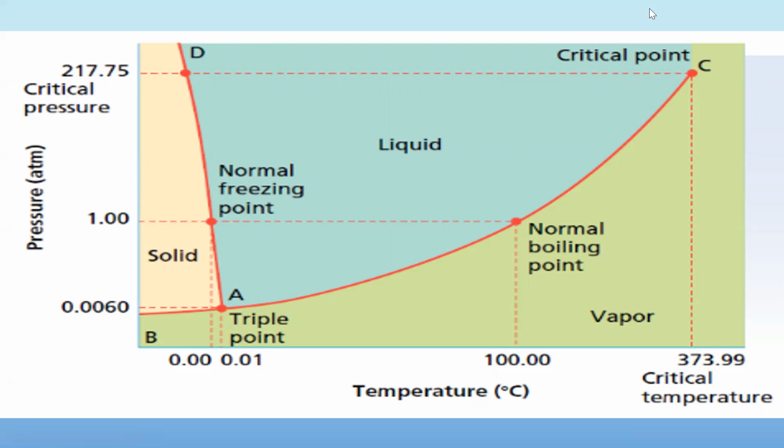Liquid is always in the middle, and then gas is always towards the bottom and towards the right side. And these may change in size depending on the substance. So pressure in atmospheres and temperature in Celsius. And you can learn, at which temperature is it going to change from a liquid to a gas? At what temperature will it change from a liquid to a solid, and so forth.